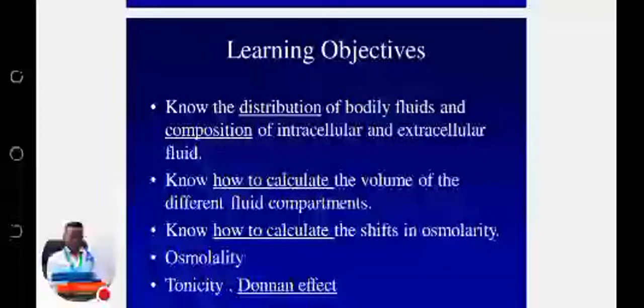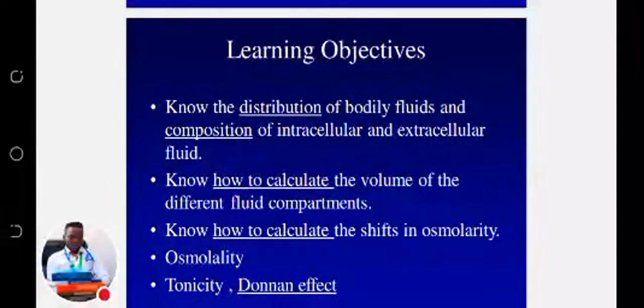Okay, so for today, we shall look at body fluids as well as electrolyte balance. On the learning objectives, we need to know the distribution of the body fluids and the composition of the intracellular and extracellular fluid.